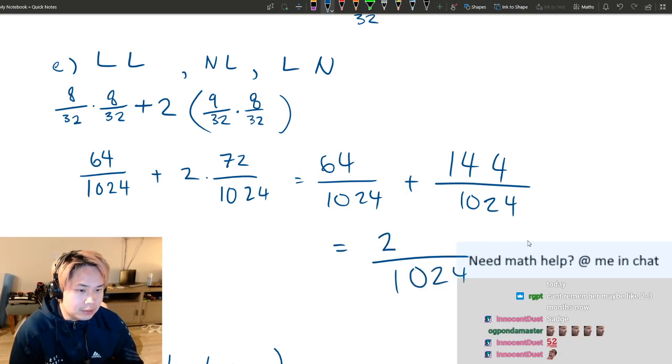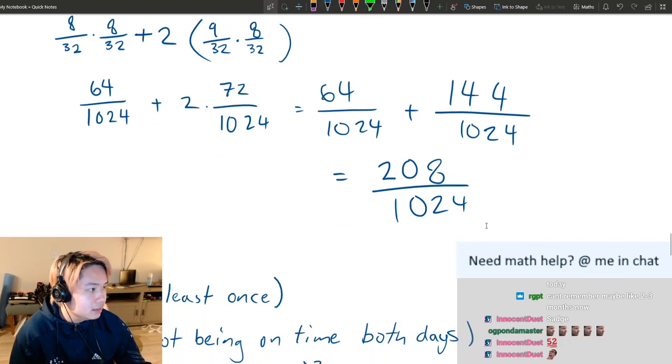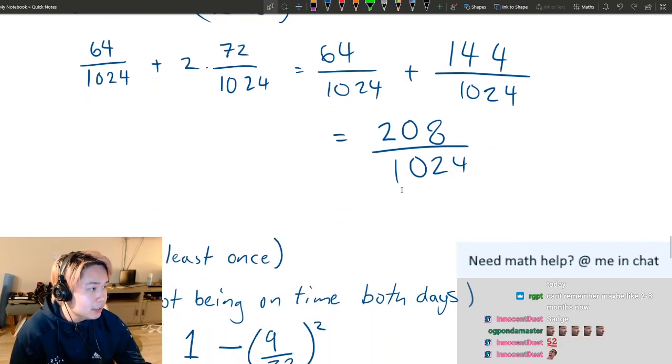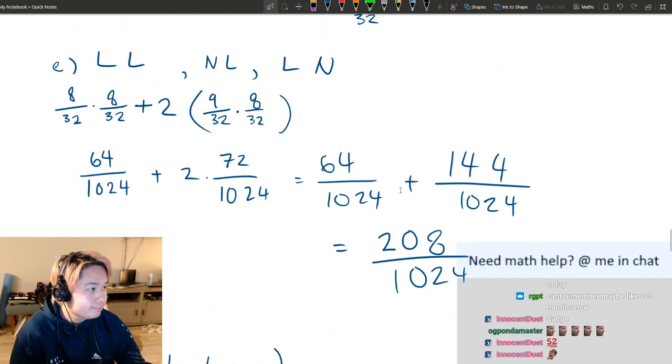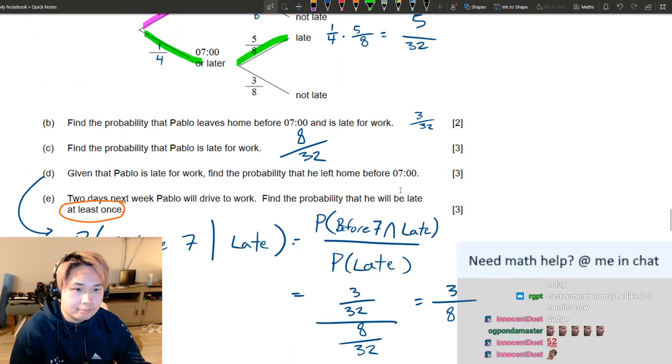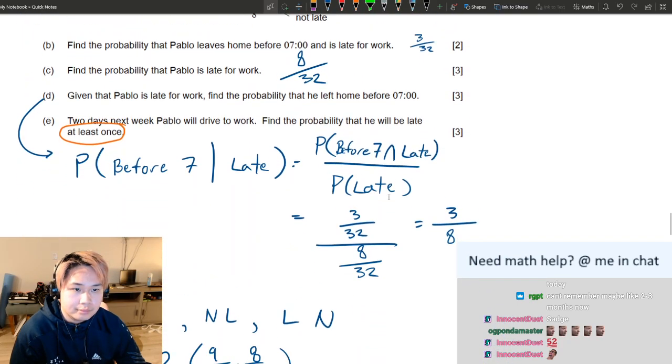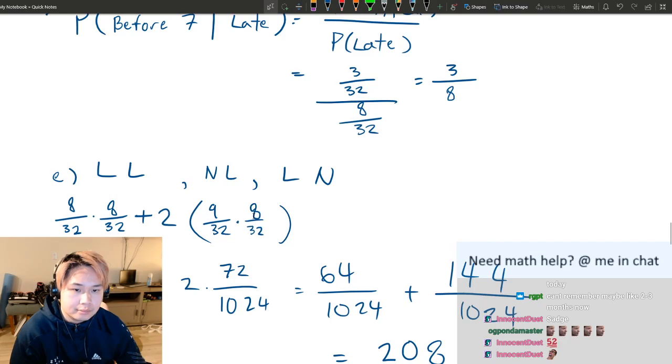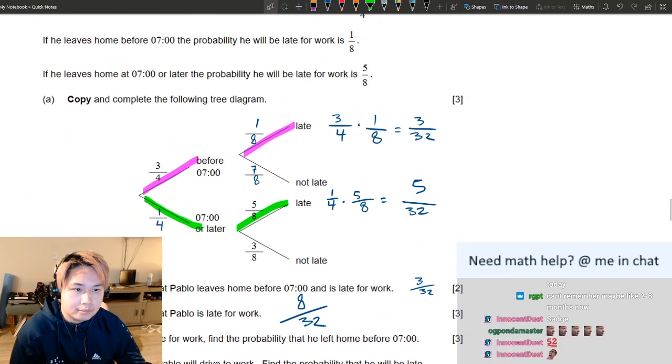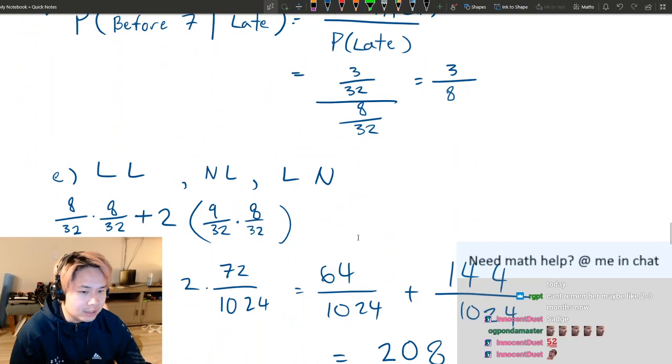So 208, I guess, should be the proper way to do it. Oh, no, it's not.